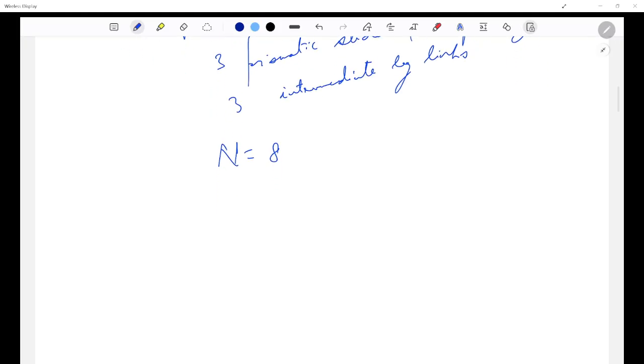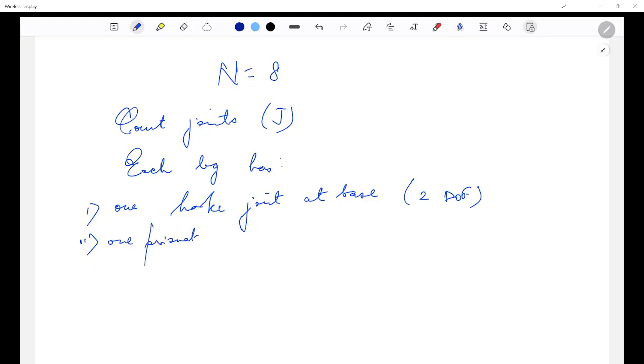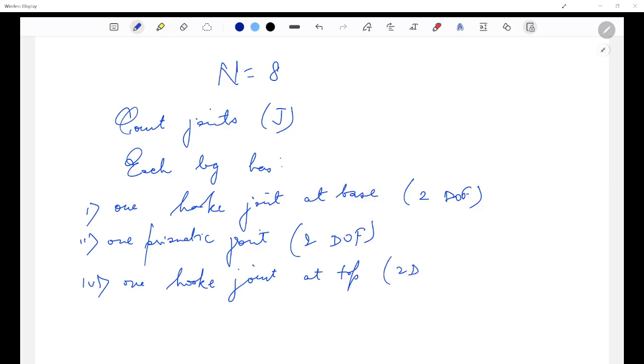And if we count joints, which is j, each leg has one hook joint at base, which is 2 degrees of freedom, and then one prismatic joint, which is 1 degree of freedom, and one hook joint at top, which is 2 degrees of freedom.